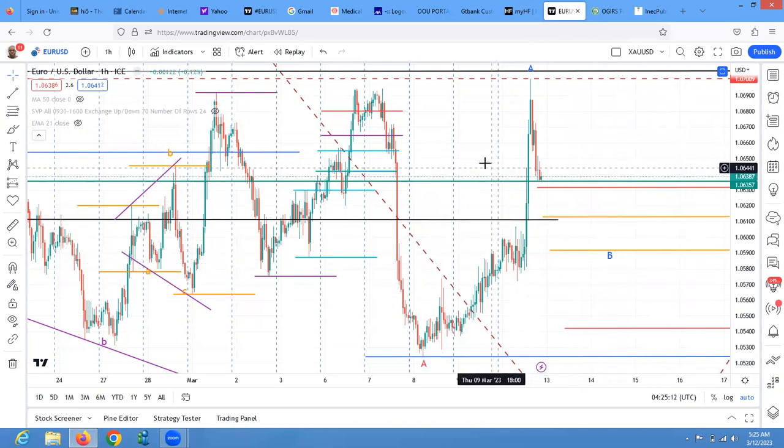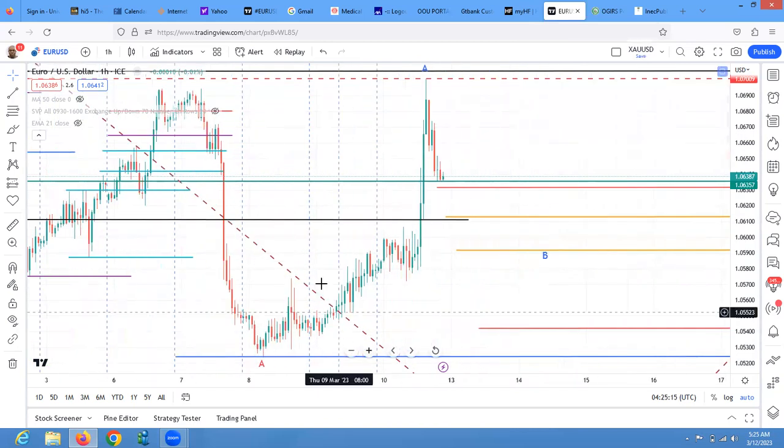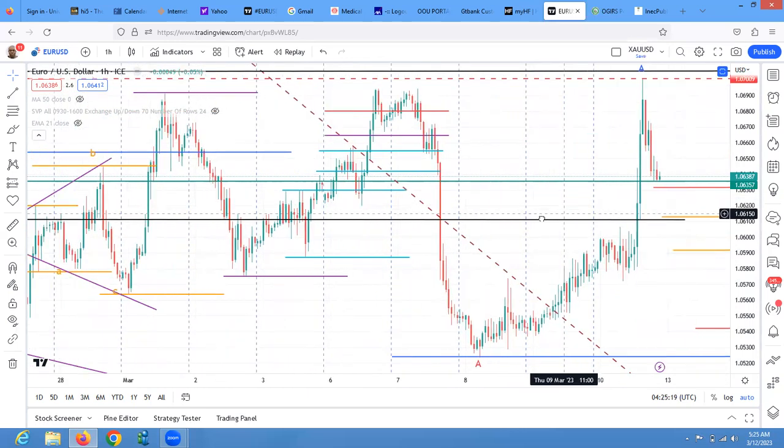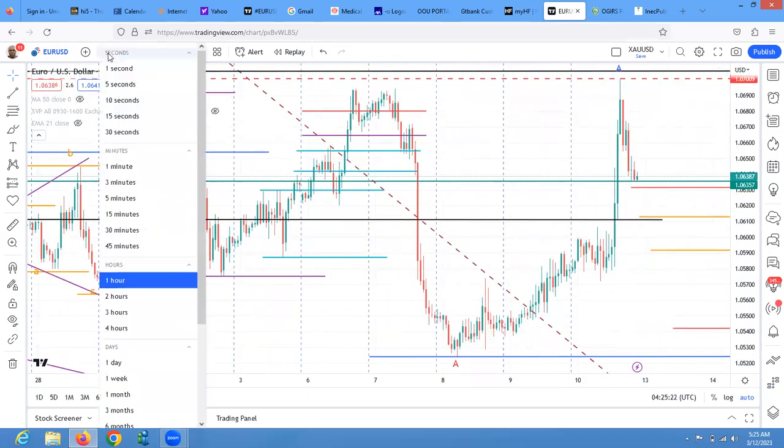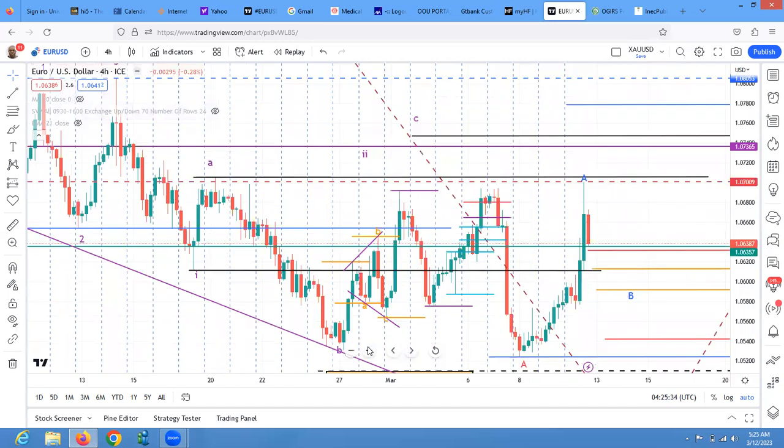But to be more precise, I want to look for where the area of price action is on the higher time frame, and I'll be looking really around this area.